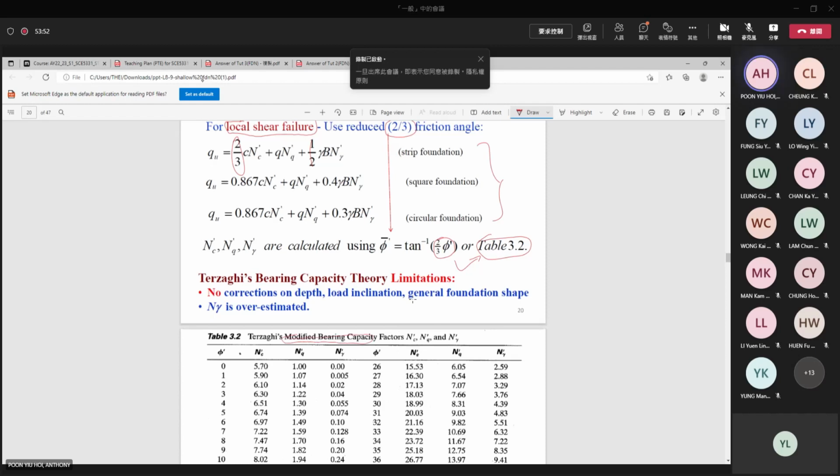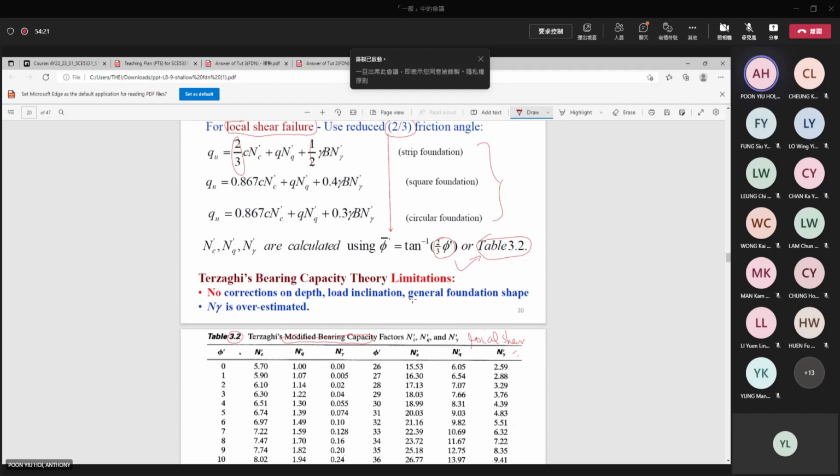This is the modified table, Table 3.2, and this is for local shear. Okay, so this is how Terzaghi managed to deal with general shear and local shear.